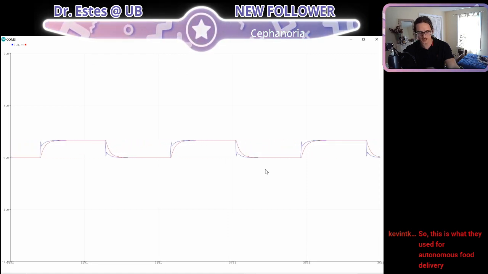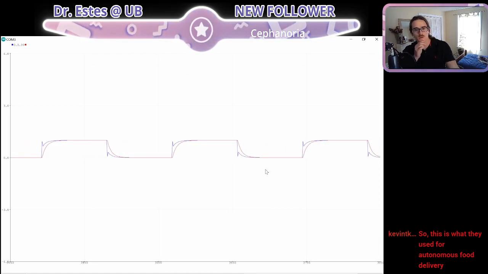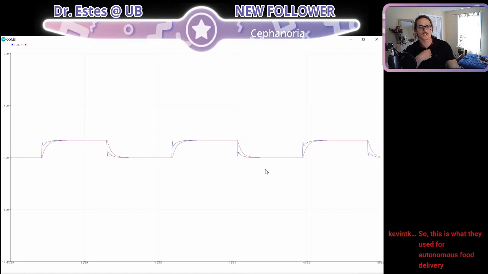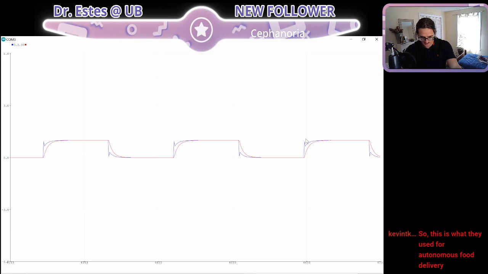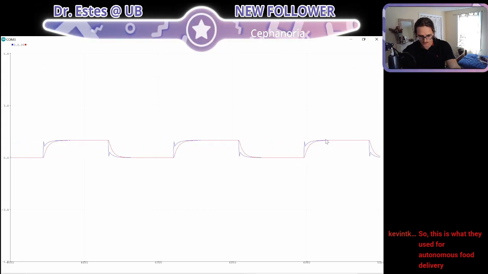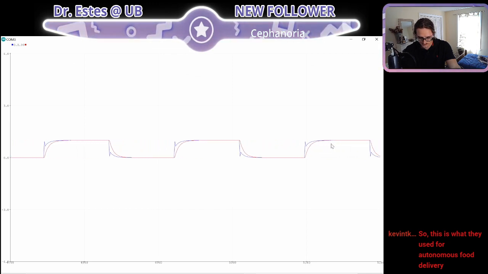Okay, so the blue is our source voltage. It's kind of just turning on and off, and it has this little dip in it. I'm not totally sure what's up with that.